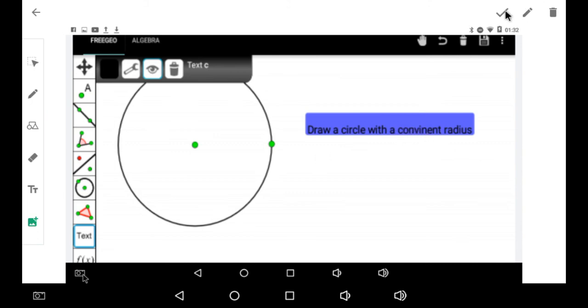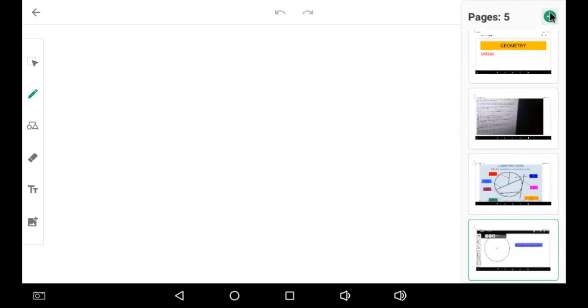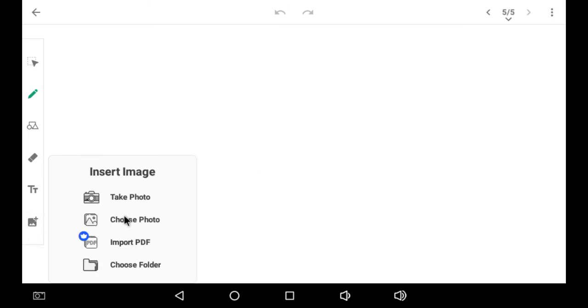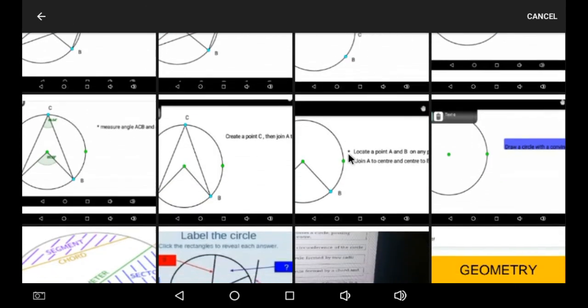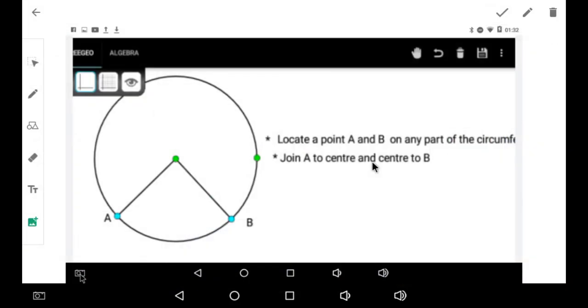Okay, let's locate points A and B on the circumference. Also join A to the center and the center to B. I'll give you a few minutes to do that.